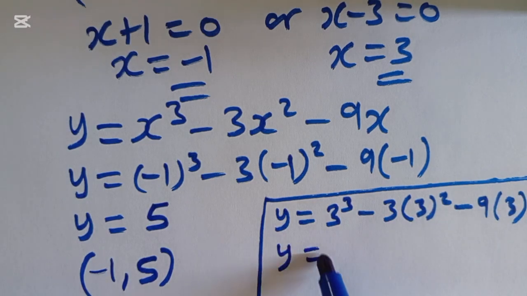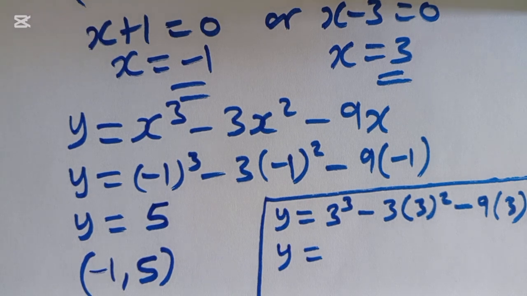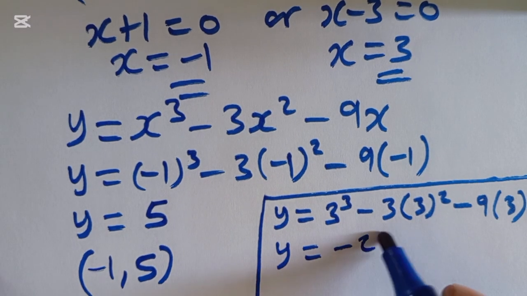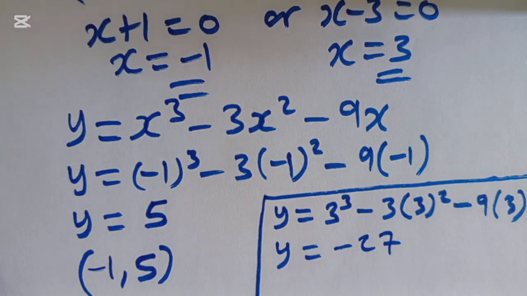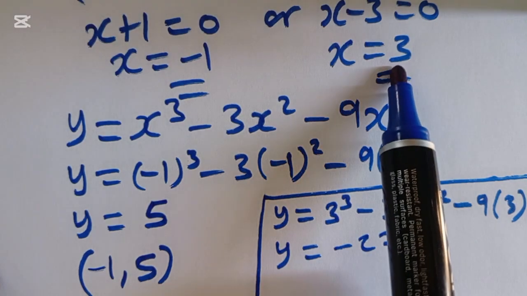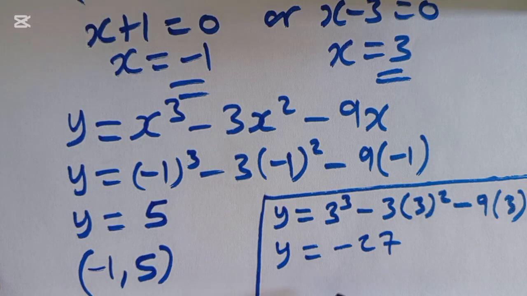So y is equal to 3 to the power 3, that is 27. 3 to the power 2, that is 9. 9 times 3, 27. So negative 9 times 3 is negative 27. So the answer is negative 27. So the coordinate becomes 3, negative 27.